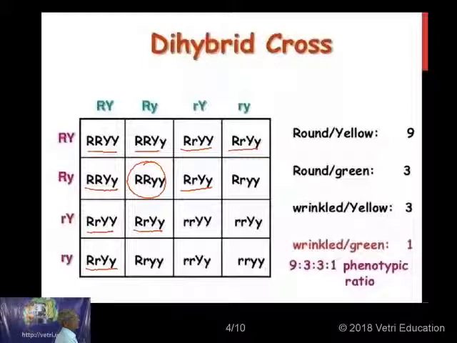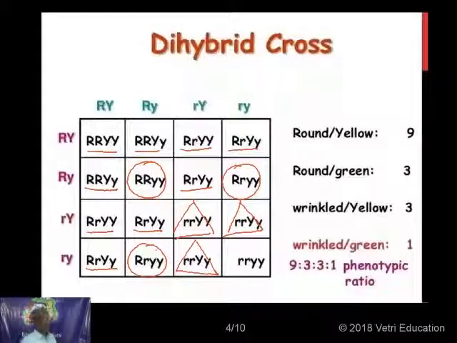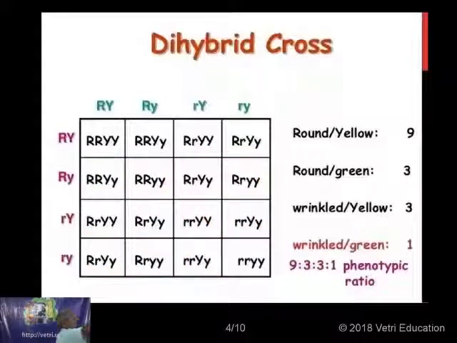Now these are the green round cases. This is the green wrinkled, the last one is the green wrinkled. So they are in the ratio of 9:3:3:1. So this is a beautiful diagram to show the distribution of the zygotes.